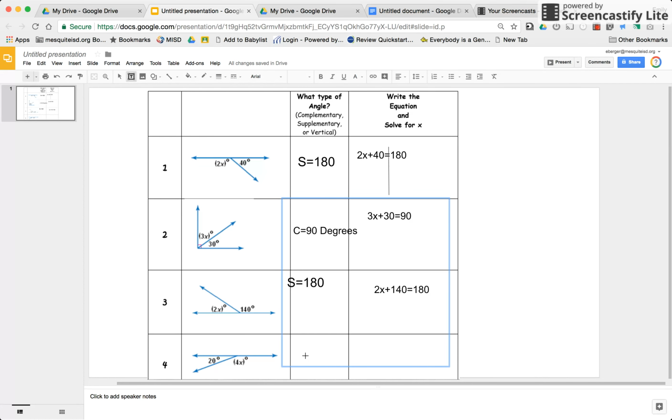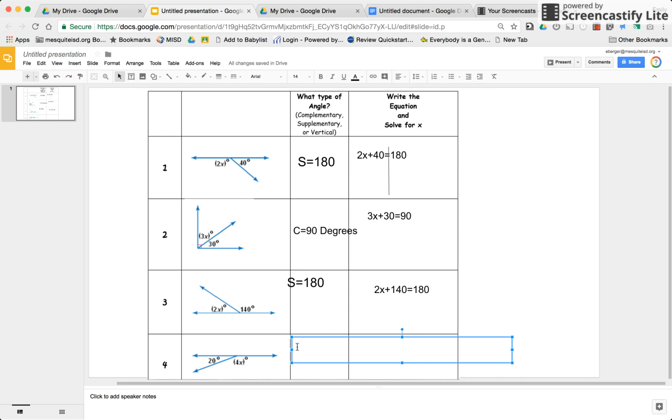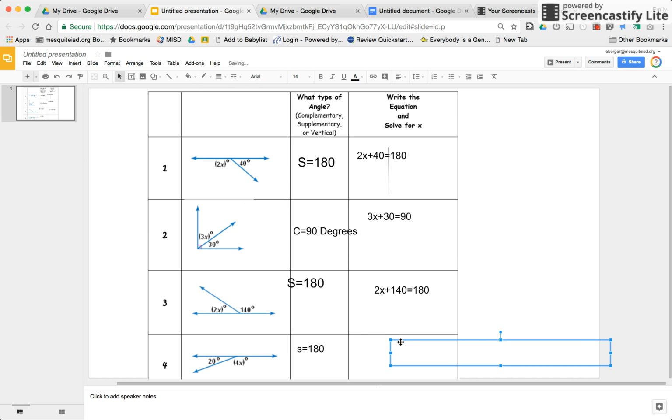You look and see, is it going to be supplementary or complementary? It forms that straight line, so I know it's going to be S, equal to 180 degrees. I know my equation has to equal 180 degrees because angle 1 plus angle 2 equals 180. Now I have to insert my equation. Just like the previous 3, it is going to be 2x plus 40.